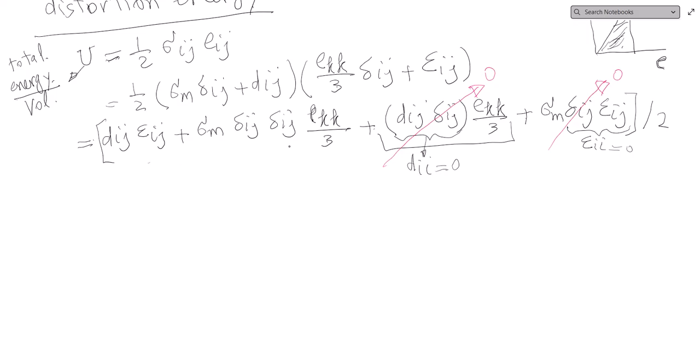But let's look at what happened here. Delta_ij removes the i and j, so this will be equal to a delta_ii. Delta_ii is 3, so it will cancel out with the 3, and therefore I will get U, this is total, 1/2 of d_ij epsilon_ij plus 1/2 of sigma_m average, trace, because this is 3, the 3 goes away, e_kk.